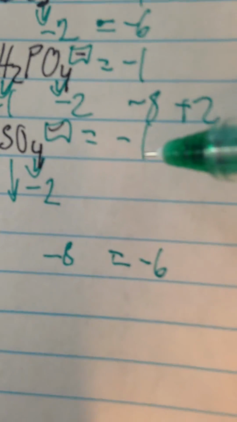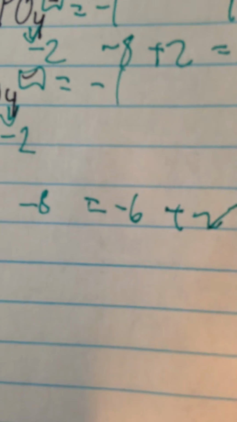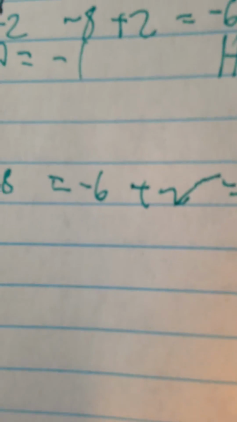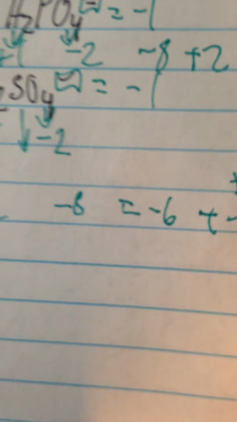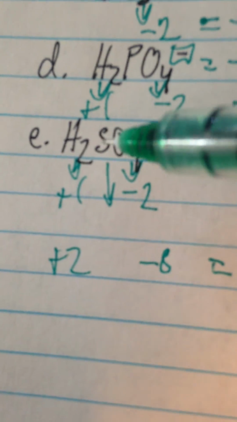So that equals -6, and the whole thing is equal to -1. So -6 plus what equals -1? We know that is +5, which means the only thing left, the sulfur, has to equal +5. Boom.